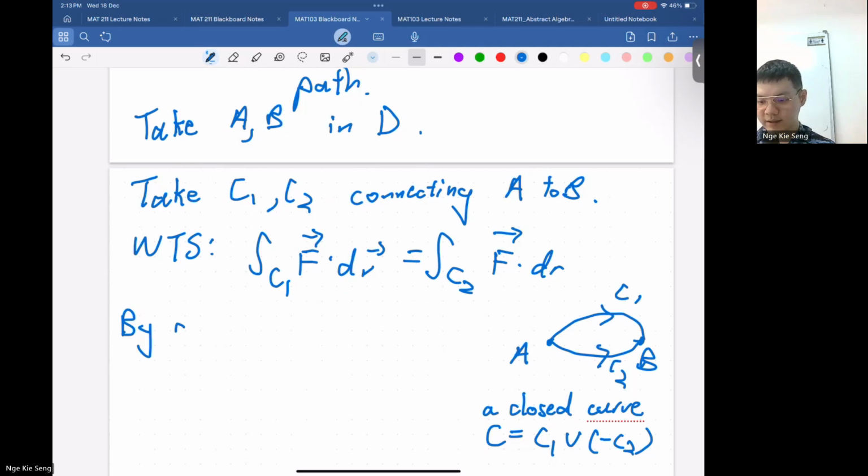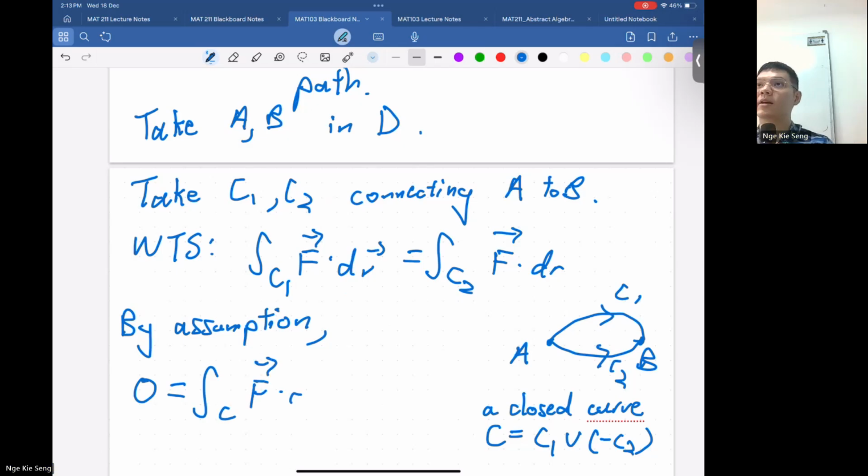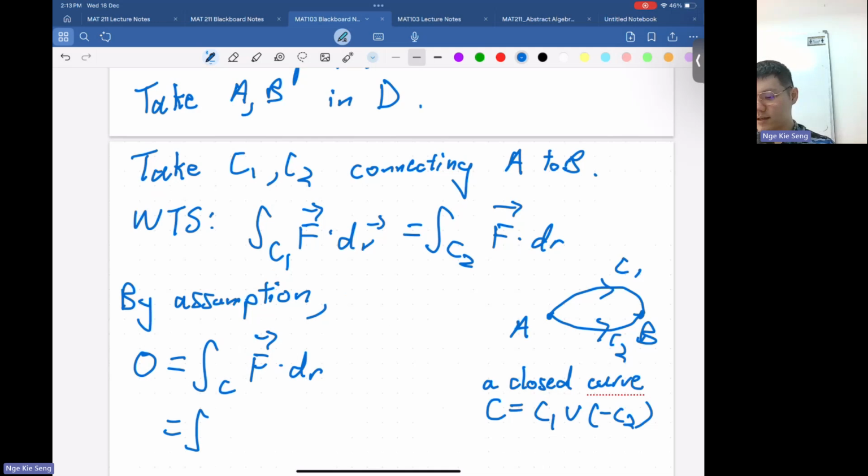By assumption, we know that 0 is equal to the integration over C, because C is a closed path. Okay, but what is C here? It is the union of C1 and minus C2.